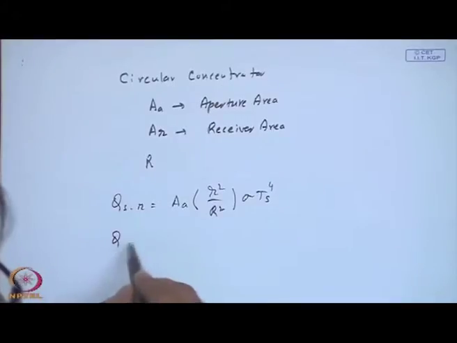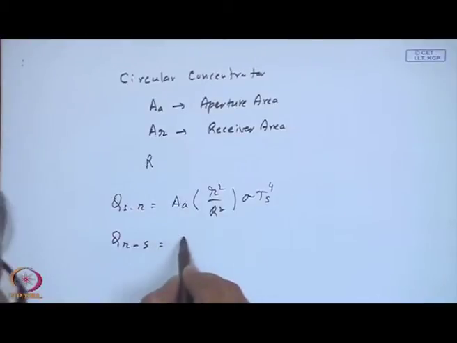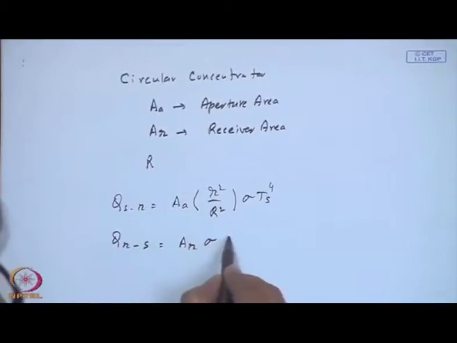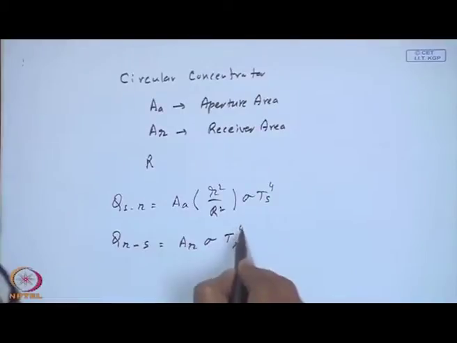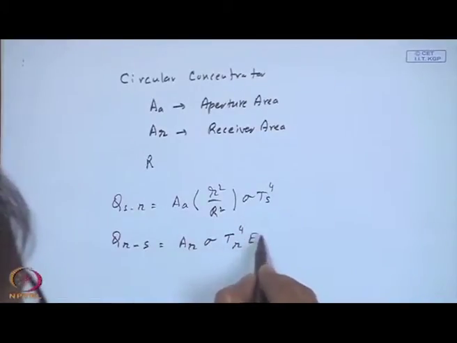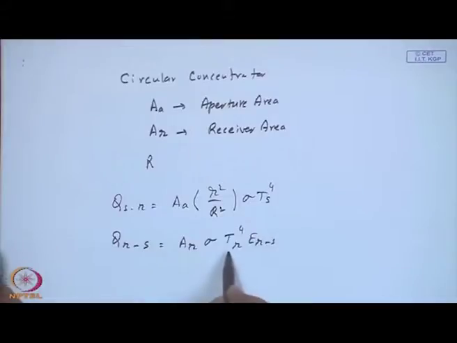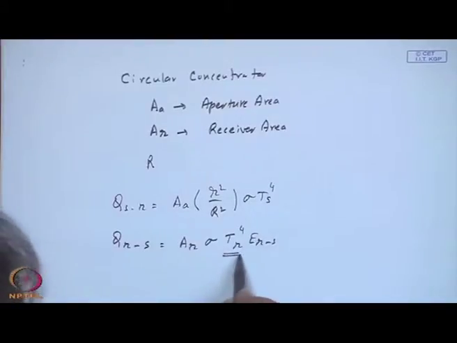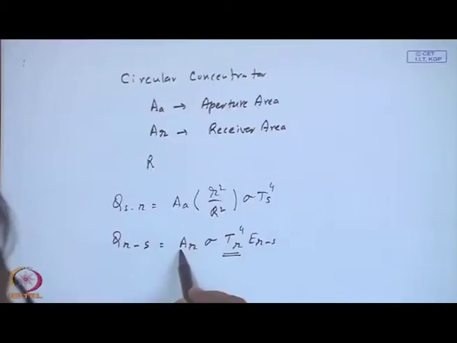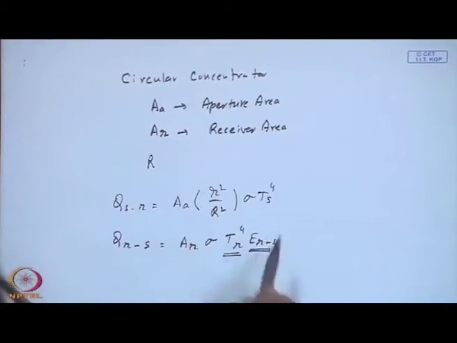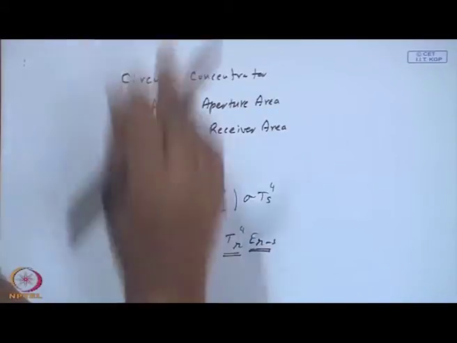The energy emitted from the receiver to the sun will be AR sigma Tr to the power 4 into Frs. If Tr is the temperature of the receiver, it emits, assuming a perfect emitter, sigma Tr to the power 4 multiplied by AR, the area of the receiver, and a fraction of it, the view factor, will be reaching the sun.